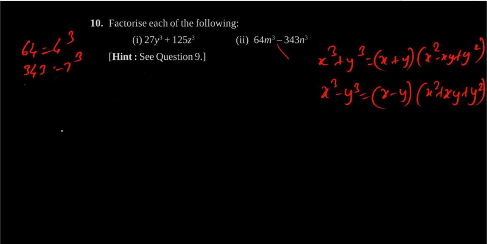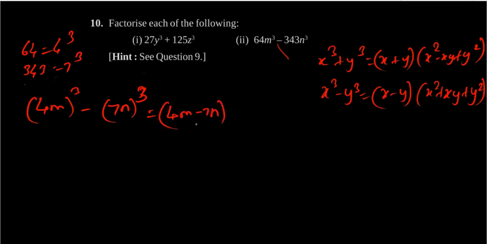So if we substitute here, (4m) the whole cube minus (7n) the whole cube. So if we substitute in this identity, it has a negative sign, so it will match exactly the second identity. So 4m minus 7n is our first bracket, first factor.